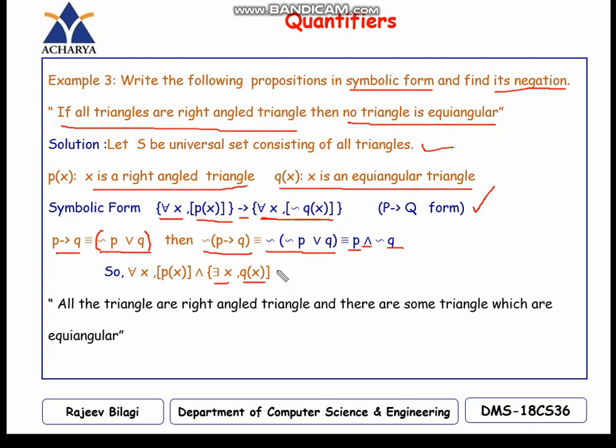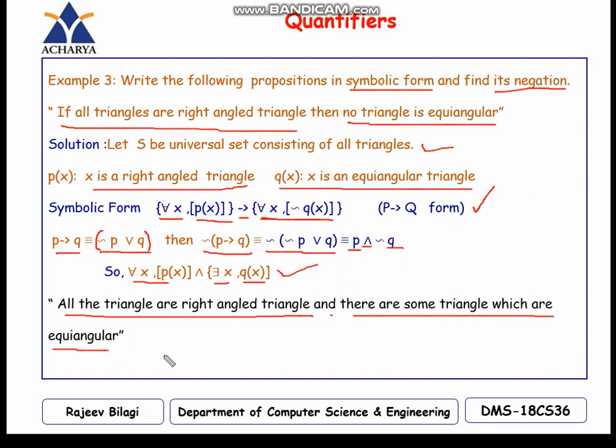So now for this particular statement, if I write in the word statement form: all the triangles are right angled triangles, so that is for all x, P of x, and for some, there are some triangles which are equiangular.